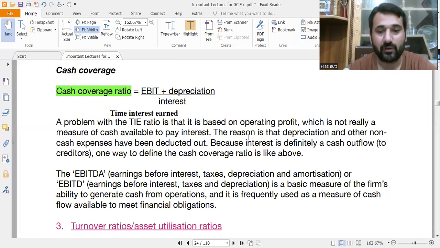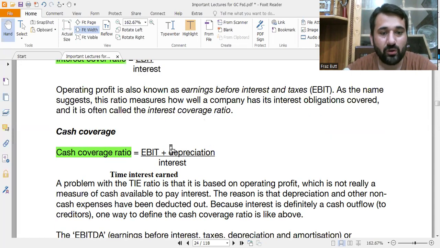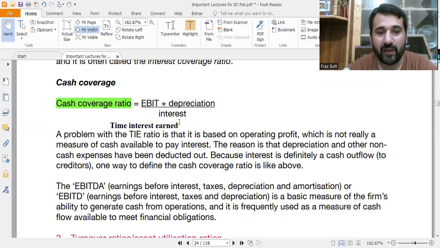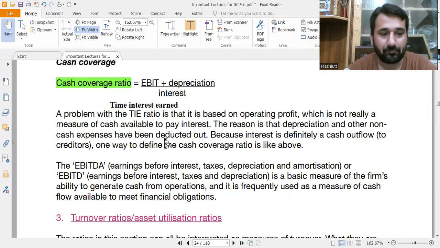The reason is that depreciation and other non-cash expenses have been deducted out. Because interest is definitely a cash outflow, one way to define the cash coverage ratio is like above. So this is another way, cash coverage ratio. You add the depreciation and you show it in the form of cash coverage ratio.